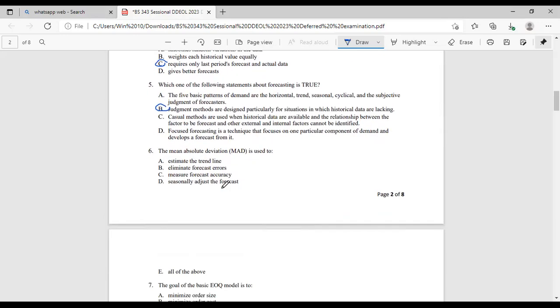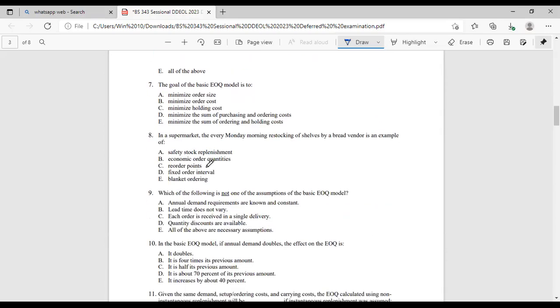And then the other one, question 6: the mean absolute deviation is used to measure the forecast accuracy, which is C. Then the goal of the EOQ, or Q, is actually to minimize the sum of ordering and holding costs. The answer is E on that one.